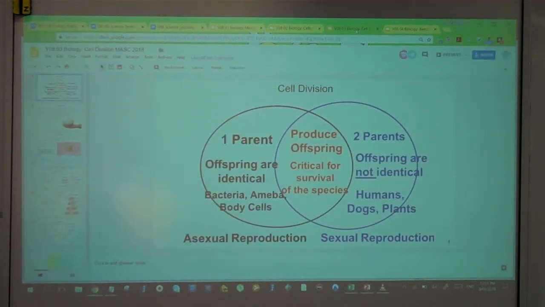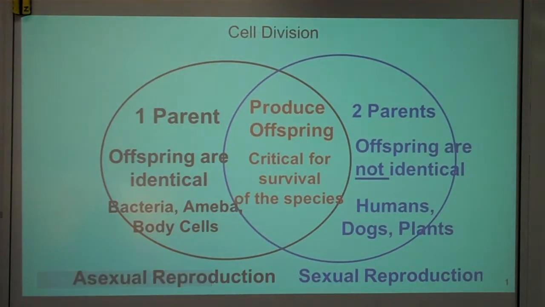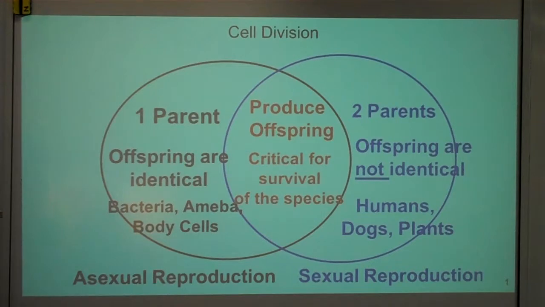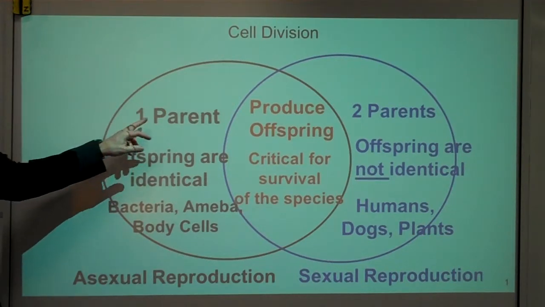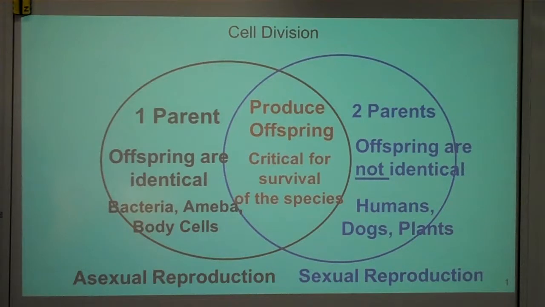Okay, cell division was what we did earlier in the week, and this is where we got binary fission versus mitosis. There's a good video on this, it's worth watching. The key thing with asexual reproduction, with single-celled organisms, is that the offspring are identical to the parent cell.